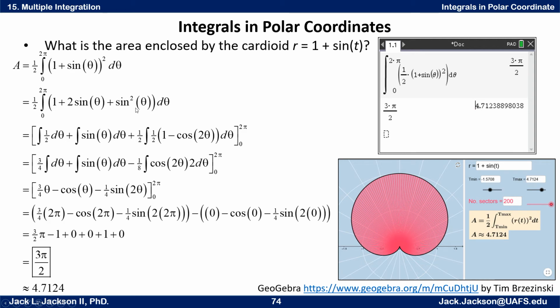Now sine squared theta, you remember from calculus 2 that what we need to do is apply an identity to make that work out to be something we can find an antiderivative for. And that identity is sine squared of theta is 1/2 times parentheses 1 minus cosine of twice the angle 2 theta. And I've just taken the limits off here, to find those antiderivatives and evaluate from 0 to 2 pi at the end.